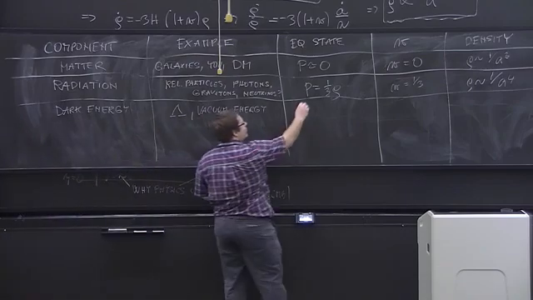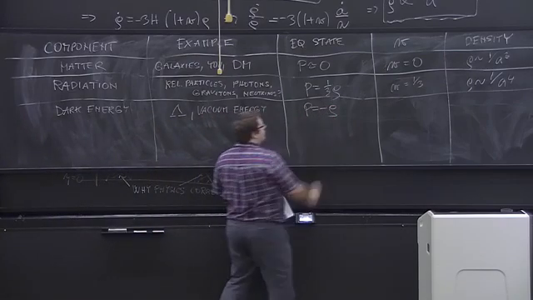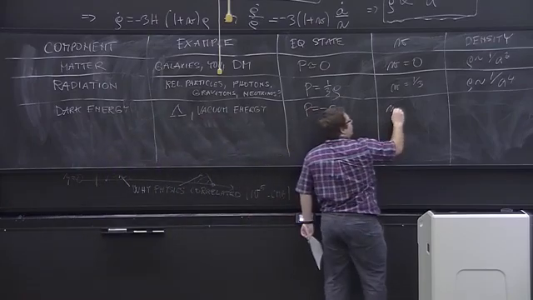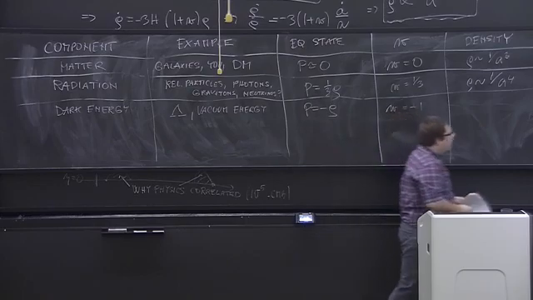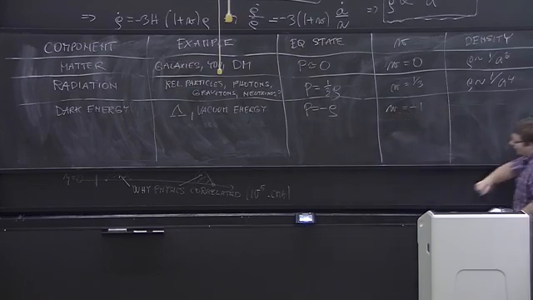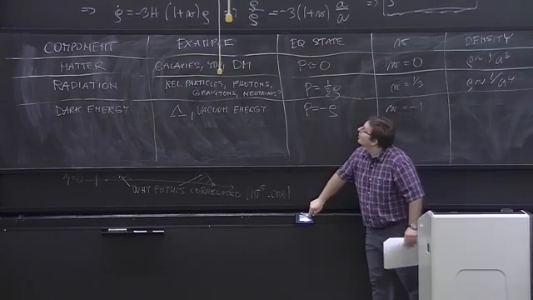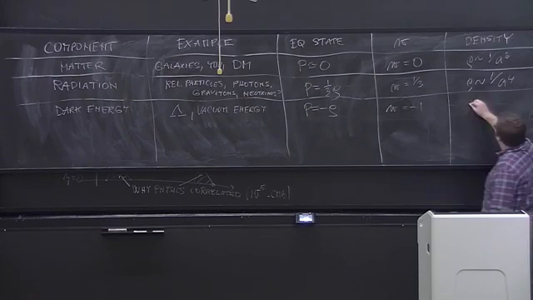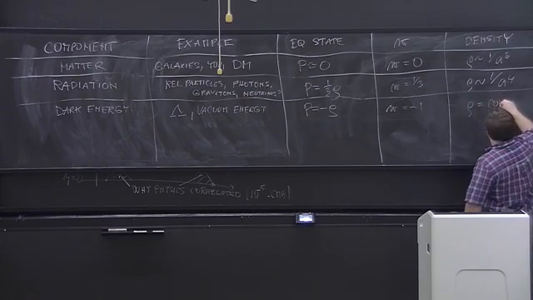It's a very, very strange equation of state. Pressure is minus energy density, which means W is minus 1. If you plug minus 1 into that formula, something interesting happens: 1 plus W, which is 1 minus 1, is 0. So rho equals a constant.